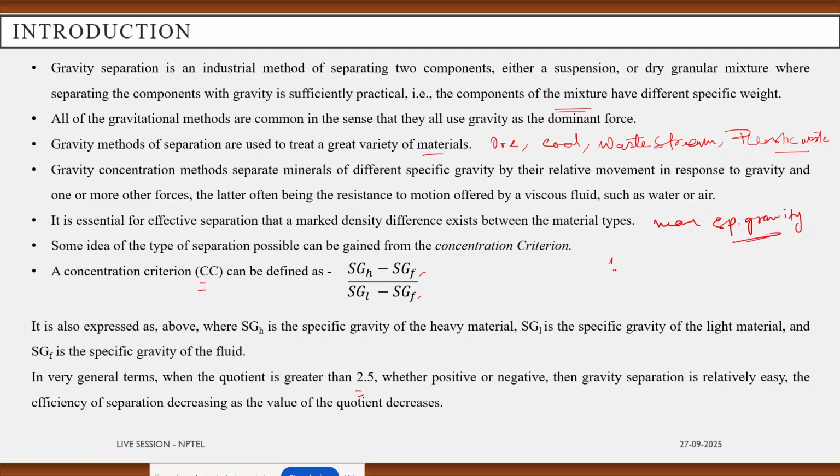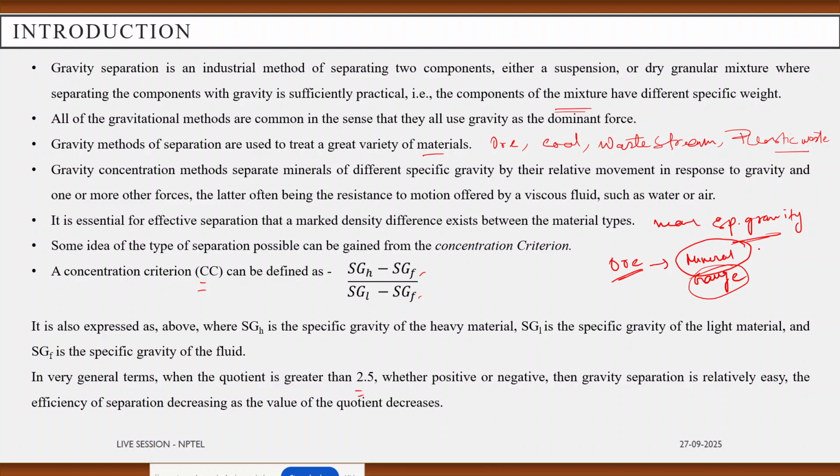In the ore processing industry, we will have the main mineral, which has one specific weight, and the impurities, which have a separate specific weight. We have to extract this mineral from these impurities.